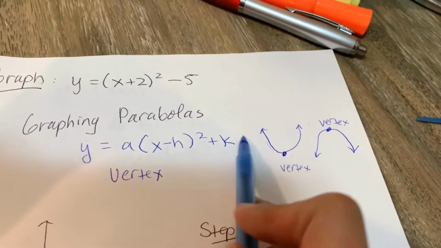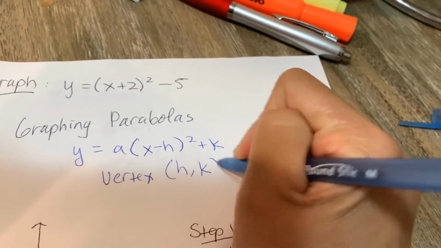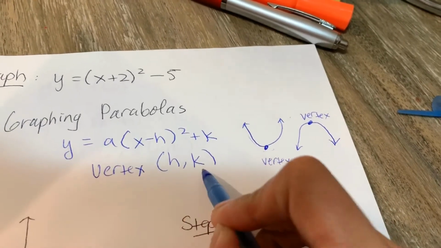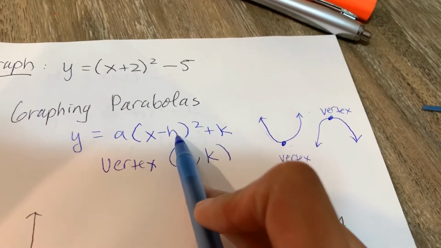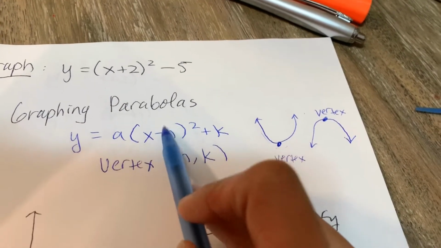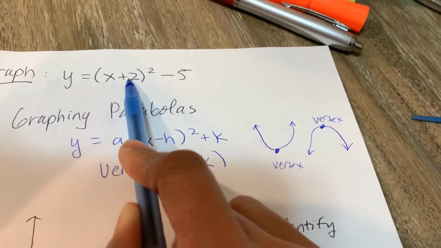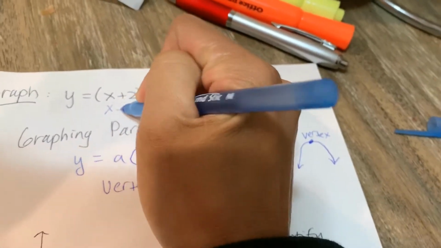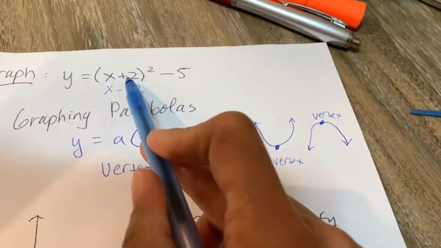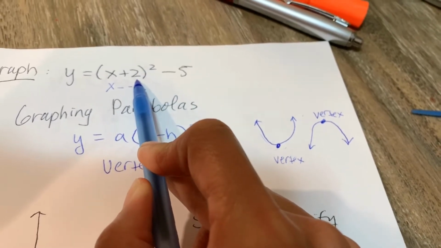So if you have a parabola in this form, the vertex is going to be h comma k, which is called Hong Kong, hk, just to remember it. So it's x minus h. So the h is going to be the opposite of what you see here. So h is not going to be 2, but negative 2. Since it's x minus h, you could write this as x minus a negative 2. So if you see a 2 here, the h is going to be negative 2.